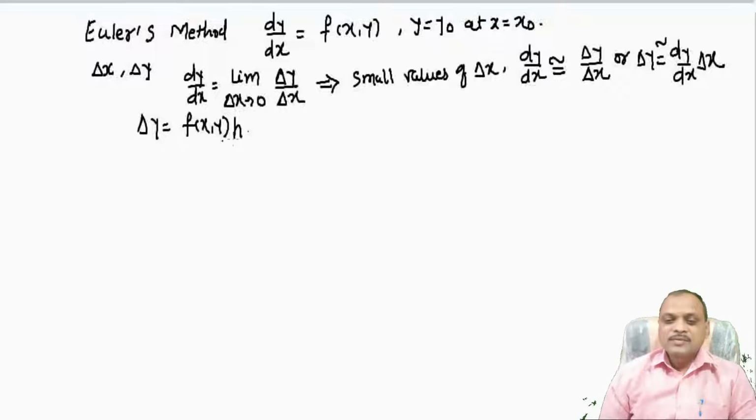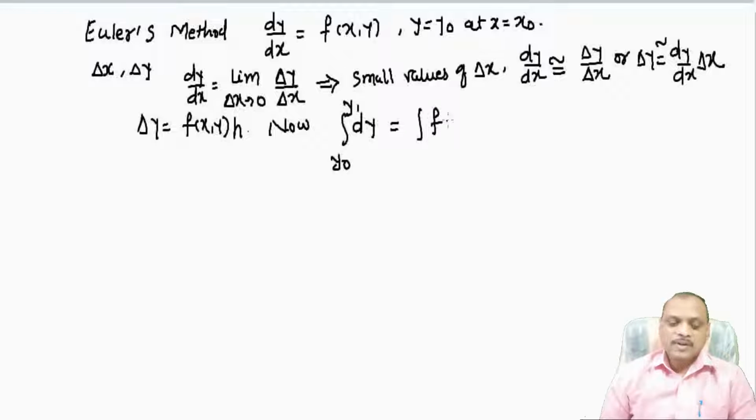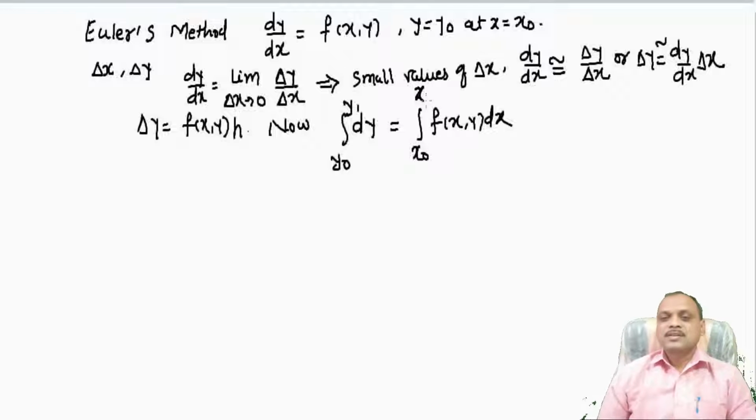When we integrate this, on the left we have the integration of dy from y0 to y1, and on the right the integration of f of x, y between the limits x0 to x. The integration of dy is y between the limits y0 to y.